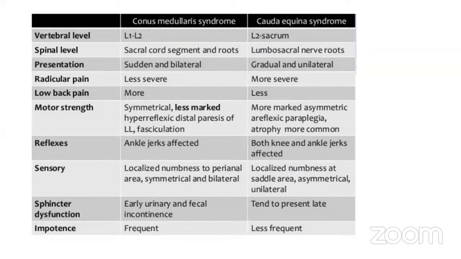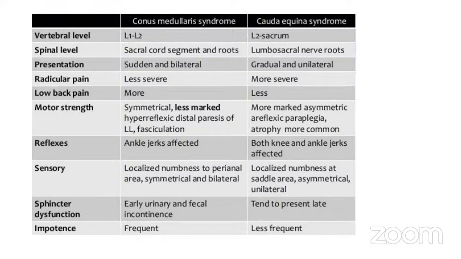Reflexes: in conus, the ankle jerks are absent and knee jerks present, whereas in cauda equina, both knee jerks and ankle jerks are absent. Sensory examination: perineal area symmetric and bilateral in conus; cauda equina saddle area asymmetric, unilateral.